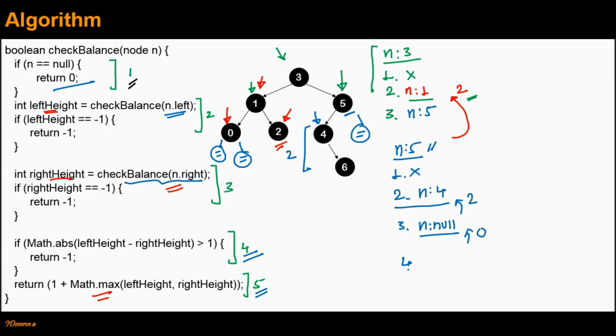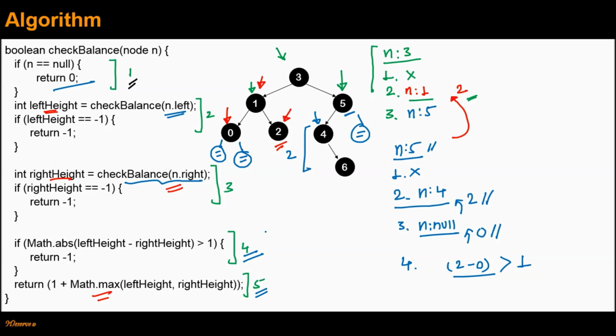Now in the fourth step, we check if the tree rooted at node 5, that is the current node, is height balanced or not. To do that, we take the absolute difference between left height and right height, right? So left height returned in step number 2 is 2, and right height returned in step number 3 is 0. So the absolute difference is 2, which is greater than 1.